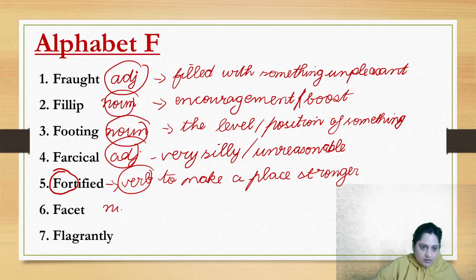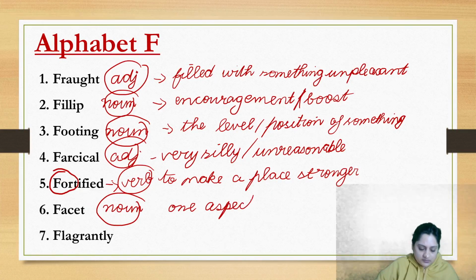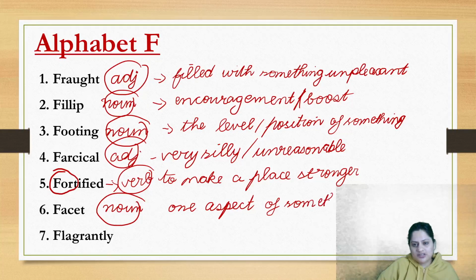Facet is a noun word. Facet is one part or one aspect of something. One aspect, okay, one part or something particular of something, ठीक है, विशेष पहलू, किसी चीज का एक विशेष पहलू, facet.